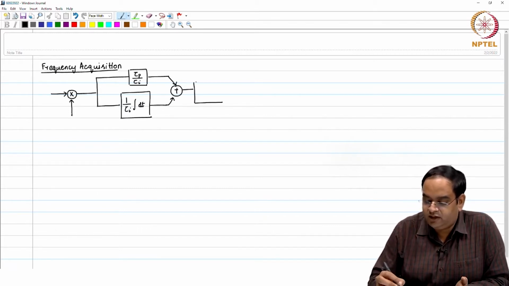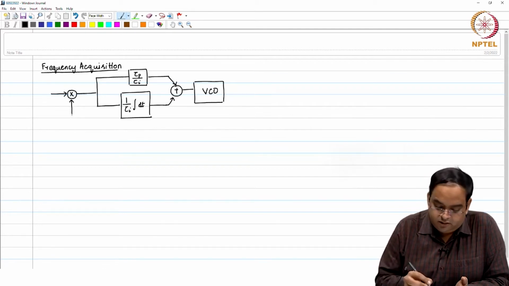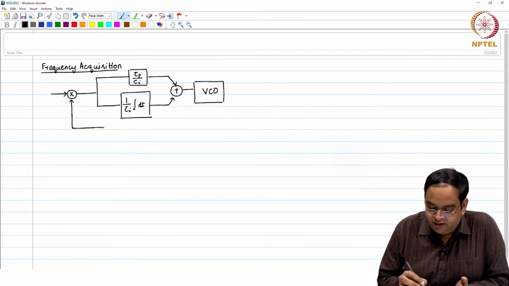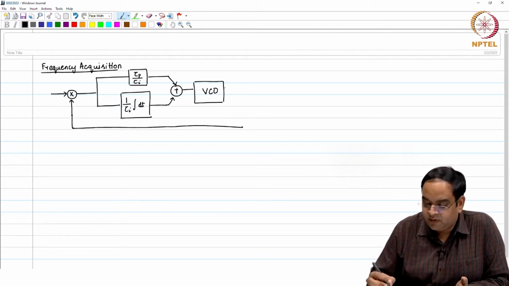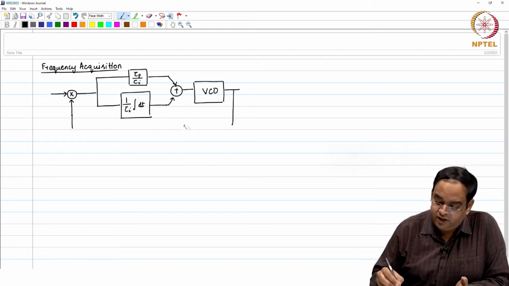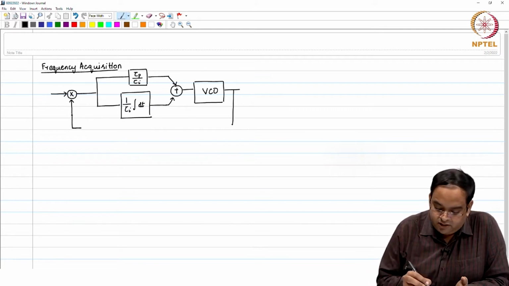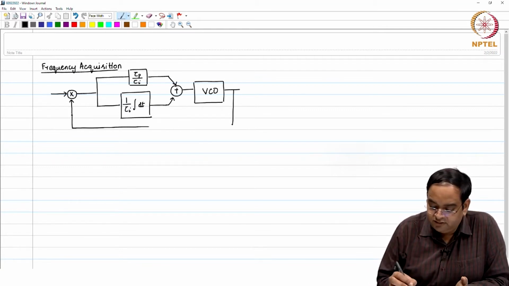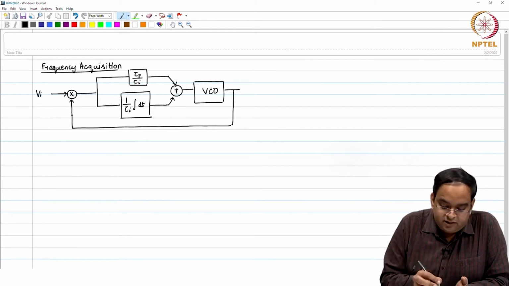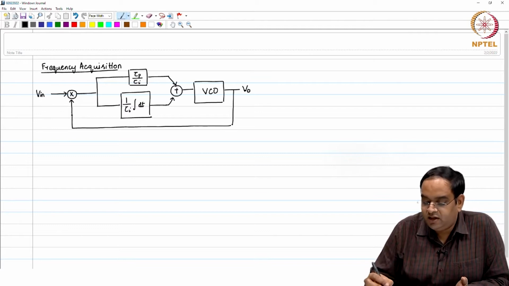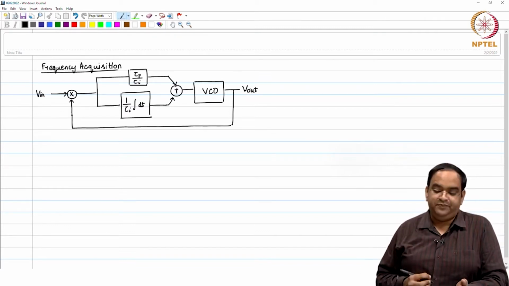So, our loop filter is now replaced by the proportional and integral path, and at the end of the last session we looked at some simulated results where having only one path, either proportional or integral, does not help.